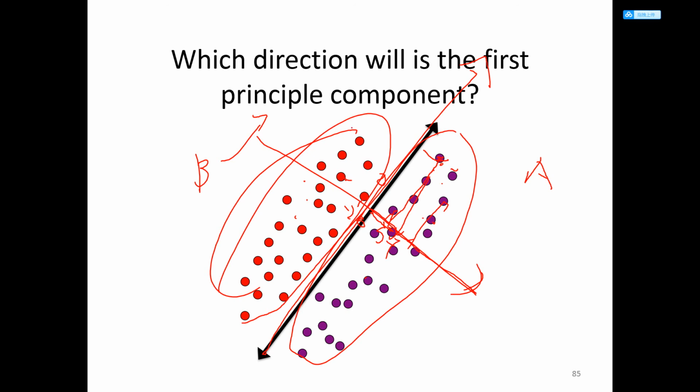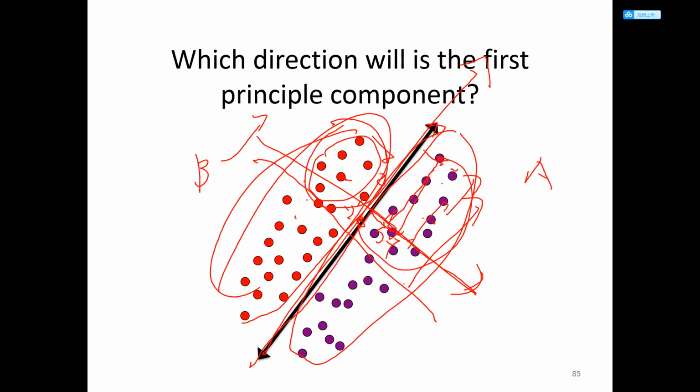On the other hand, if I project to this axis here, there's no way I can classify. Maybe I can put a line somewhere here, but all these will be misclassified. I can say everything in this direction belongs to A, but all this will be misclassified now.